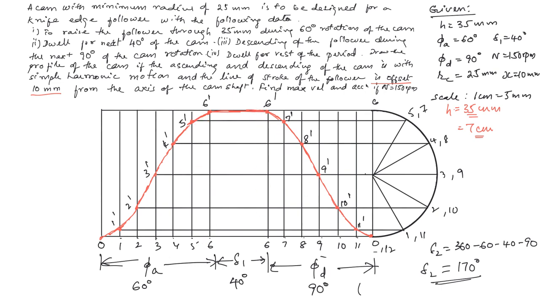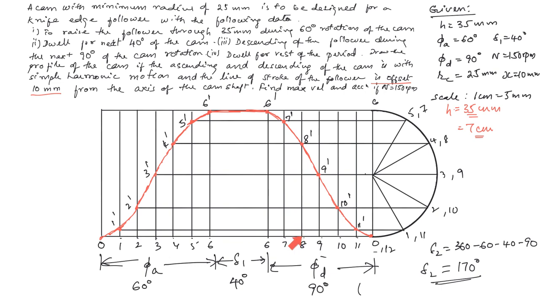Similarly, this is descent. Okay. Again, we have divided this 90 into 6 equal parts. So each division will be 15 degrees now. So after 15 degrees of rotation, this will be the height, 7 dash. After 30 degrees of rotation of the cam, the height is again decreasing.